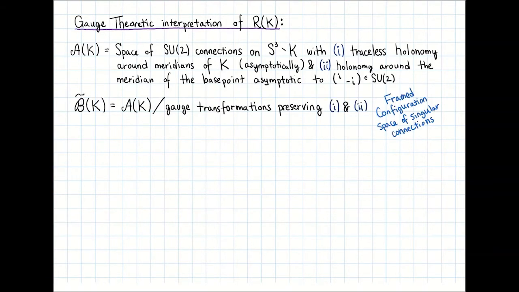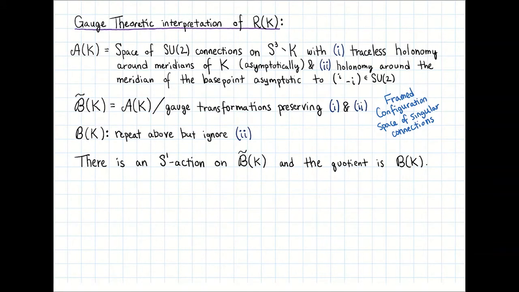If we mod out this space of connections by the appropriate gauge transformations, then we obtain the framed configuration space of singular SU2 connections. And it's the second condition which is the framing for the connection. If we forget about that, we obtain the ordinary configuration space of singular SU2 connections.